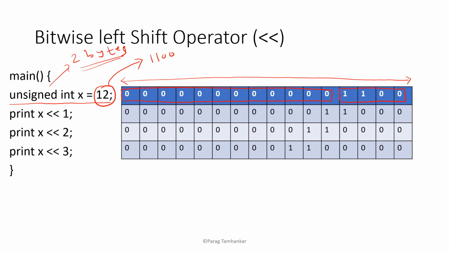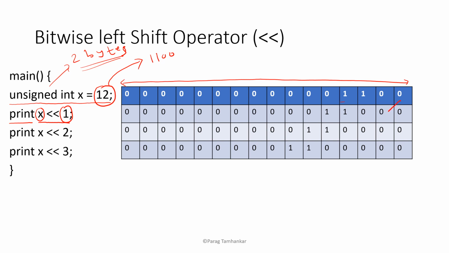Now if we want to print x left shift by one position, we are basically shifting all the bits of x to the left by position 1. Each bit of x will be shifted to the left.